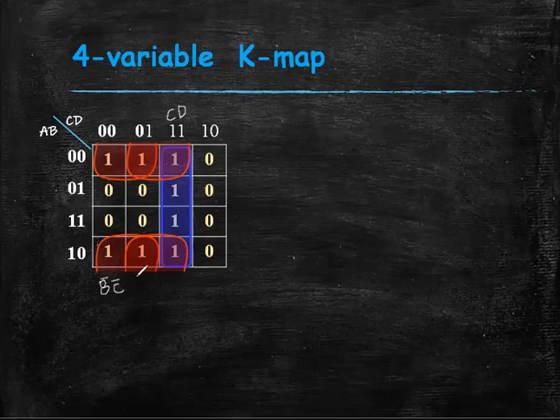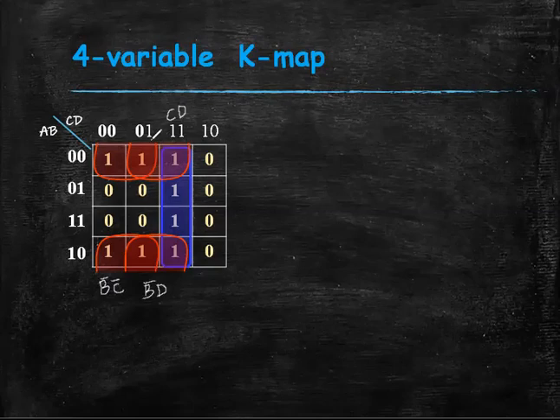And for this quad it is B bar D. That is, when we move horizontally, D remains constant.